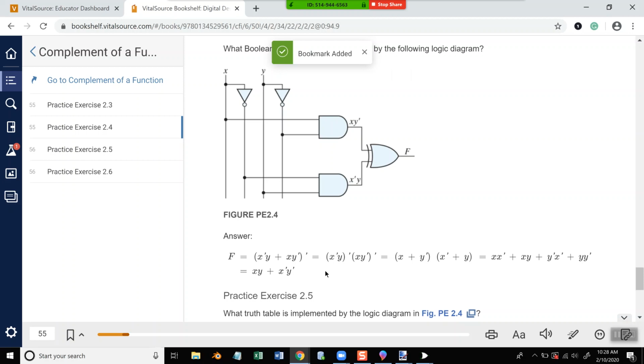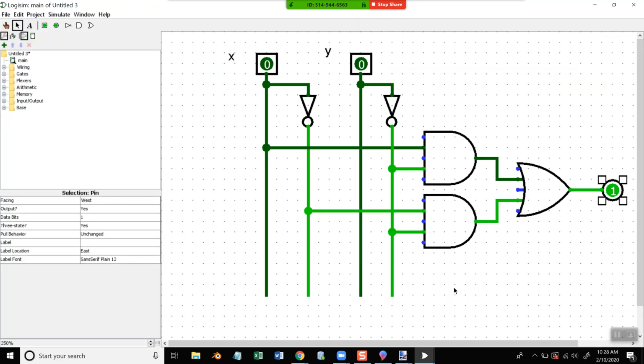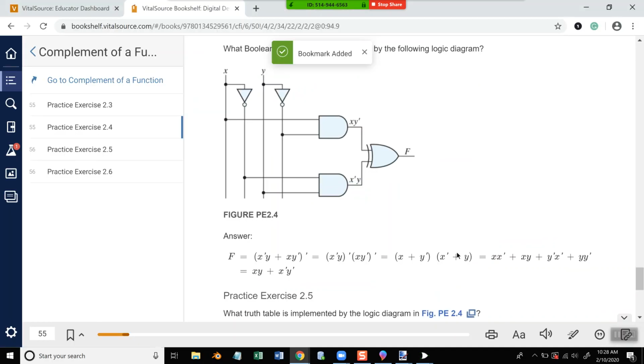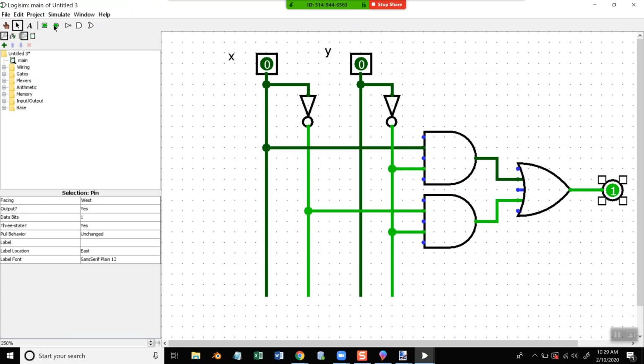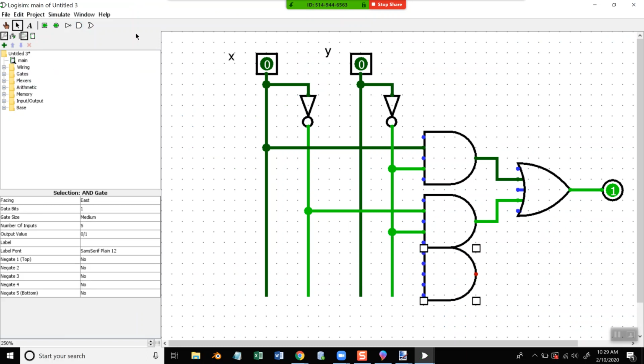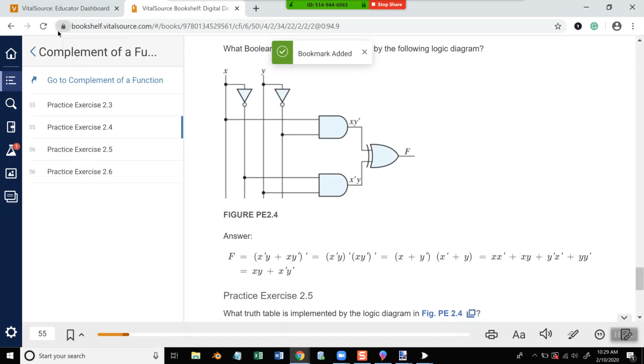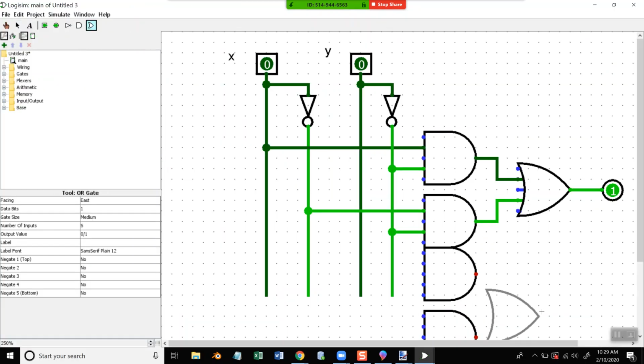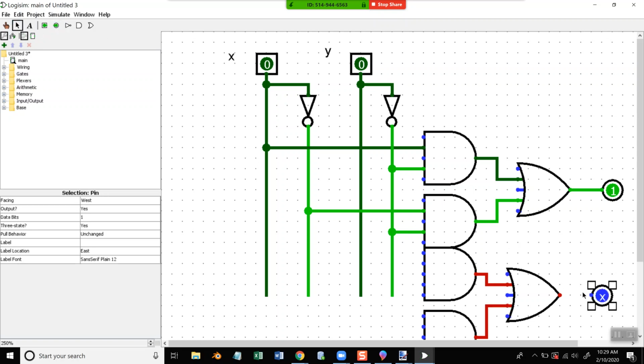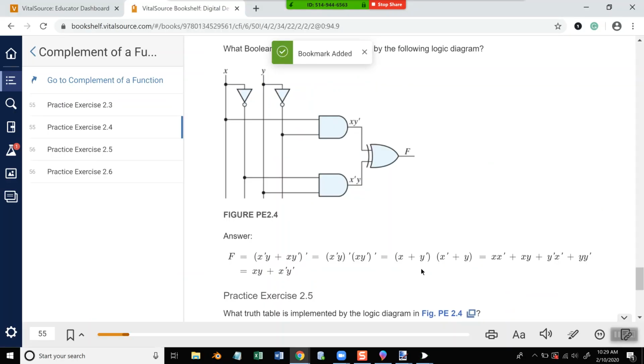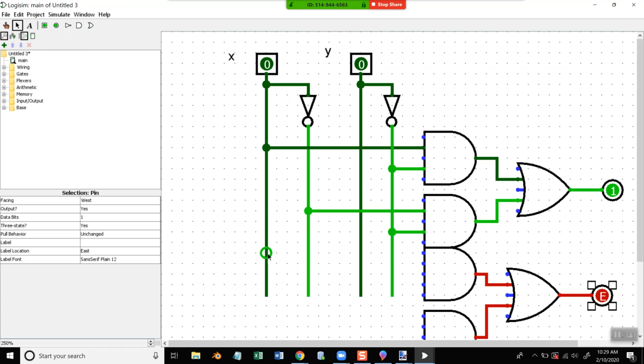They say it's xy plus x prime y prime. If I got time. Then xy. And x prime y prime.